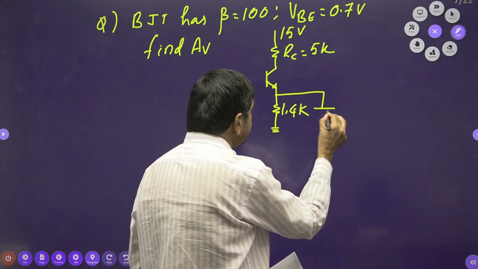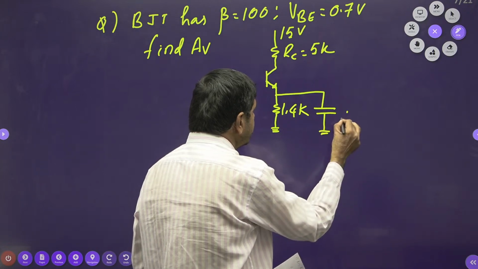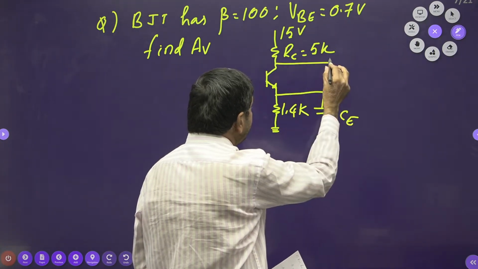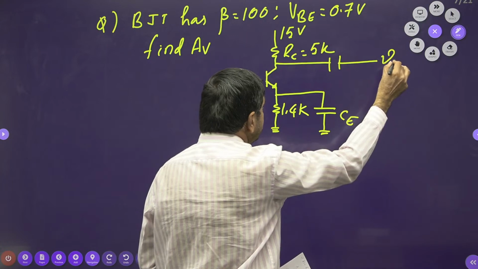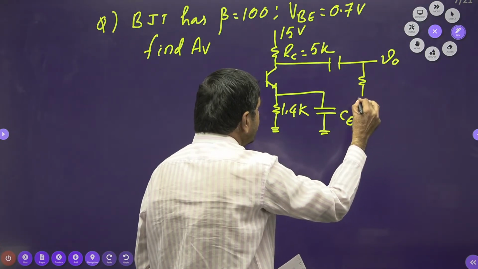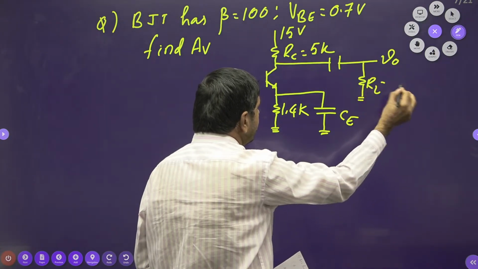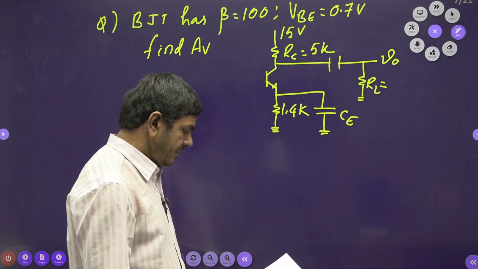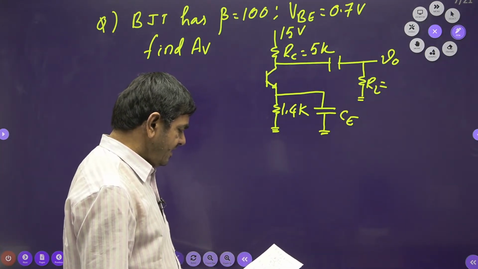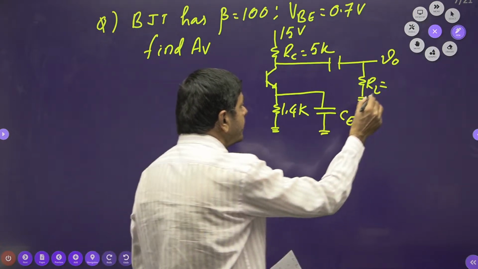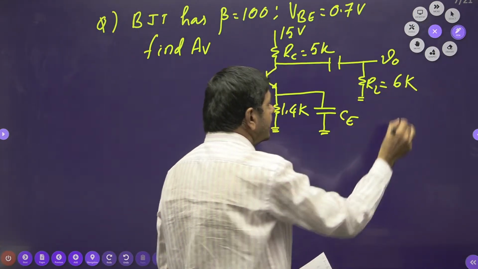There is a capacitor connected, and V0 is taken across the load. That RL is given as 6K.